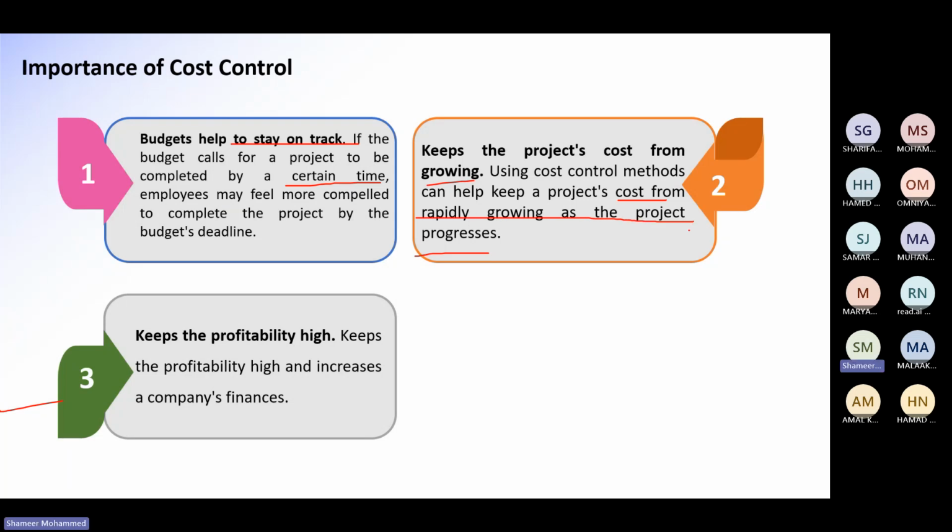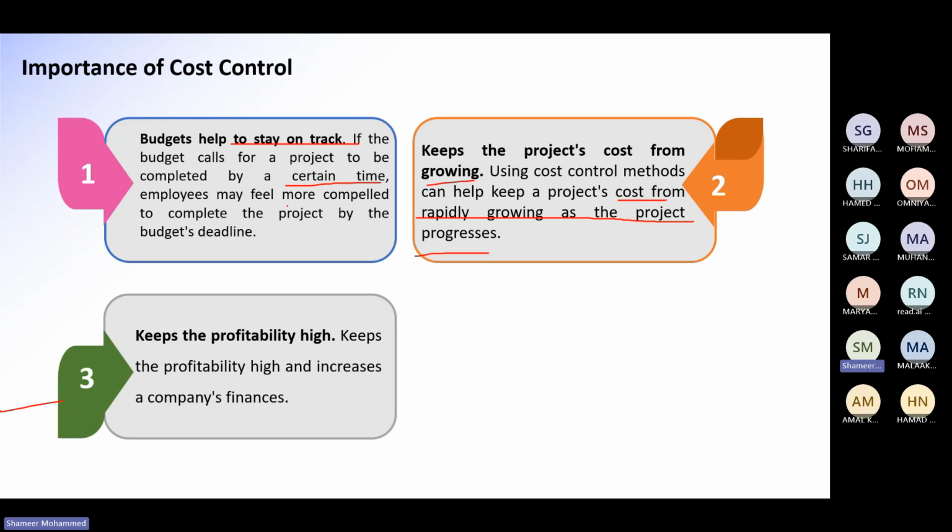If you add more programmers or more persons to the project, or if you add more features to the scope of the project, the project cost will grow. These kinds of things we can easily see using the cost management technique or tool, right?